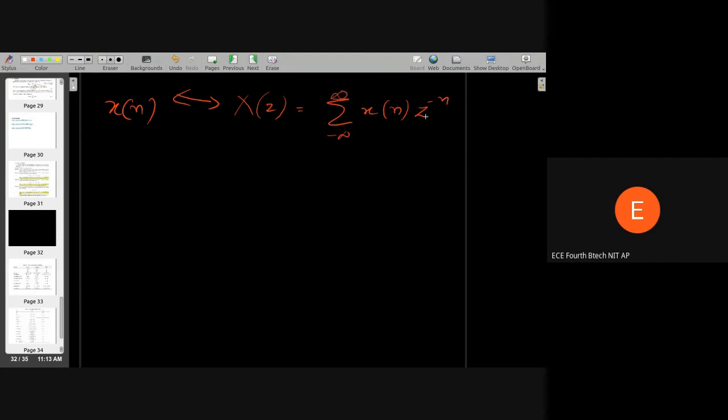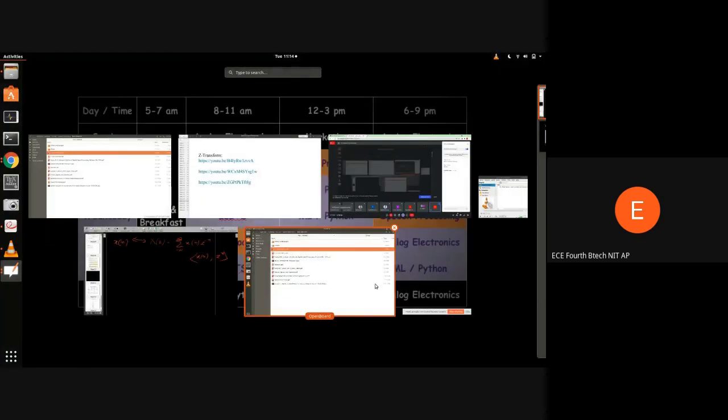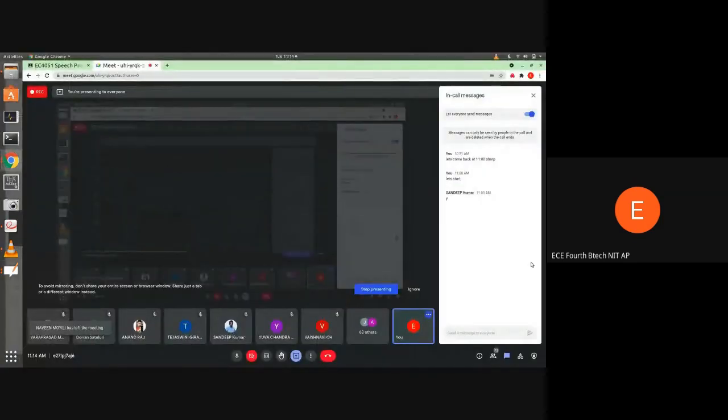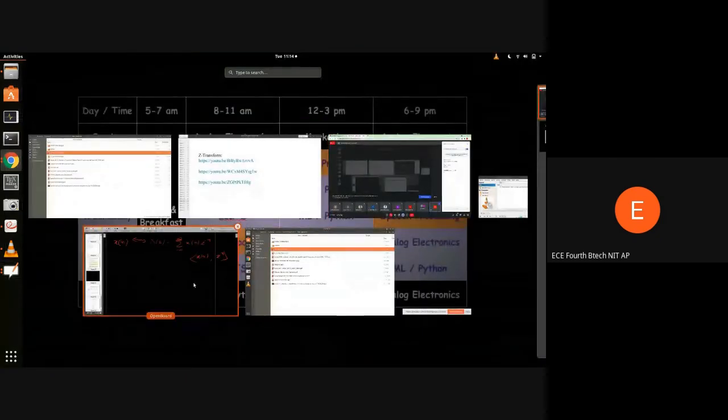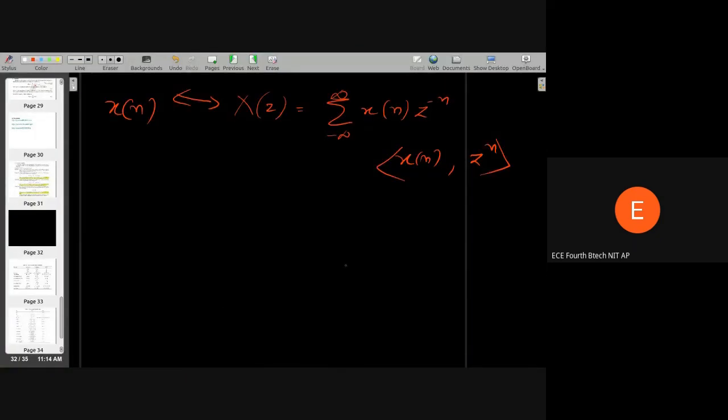It's the inner product between xn and zn. Anything? Someone pinged, I think something was there. No. Okay. So inner product between xn and zn.